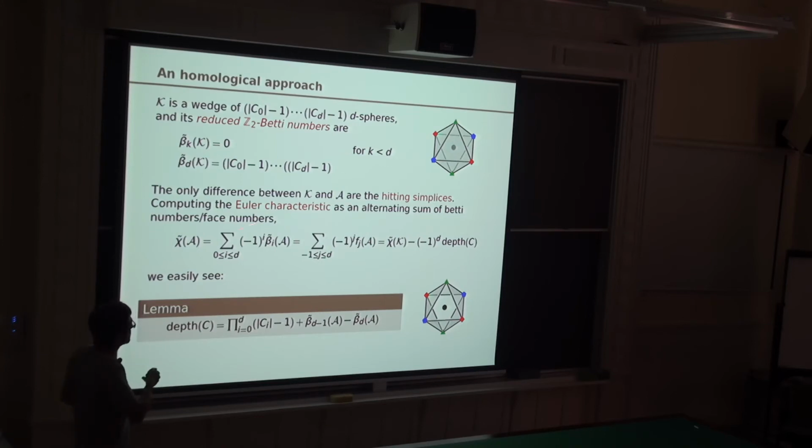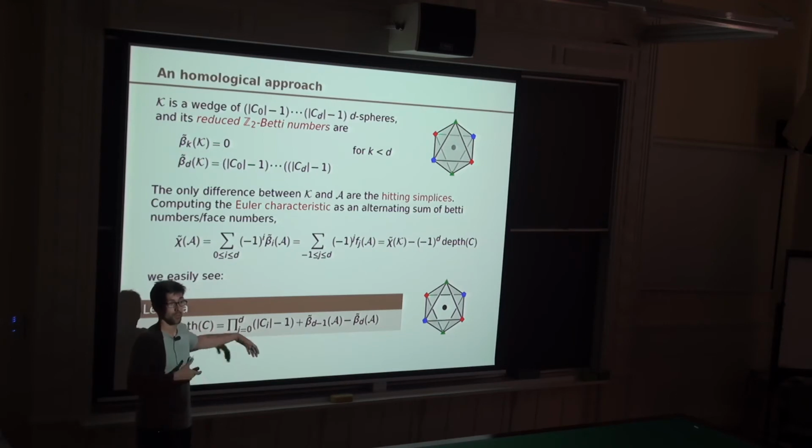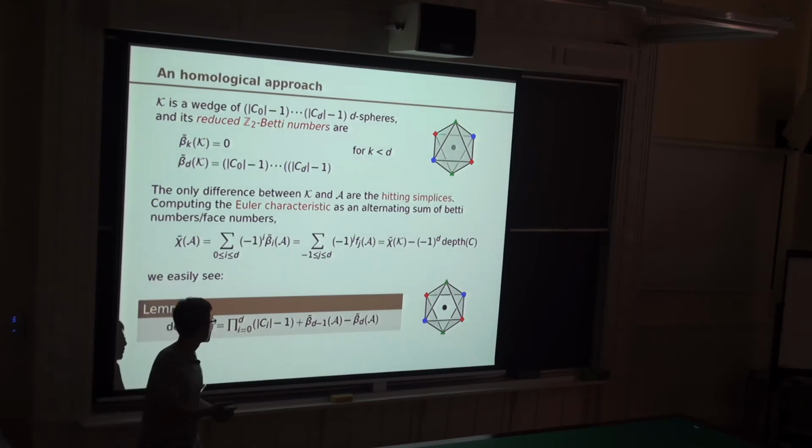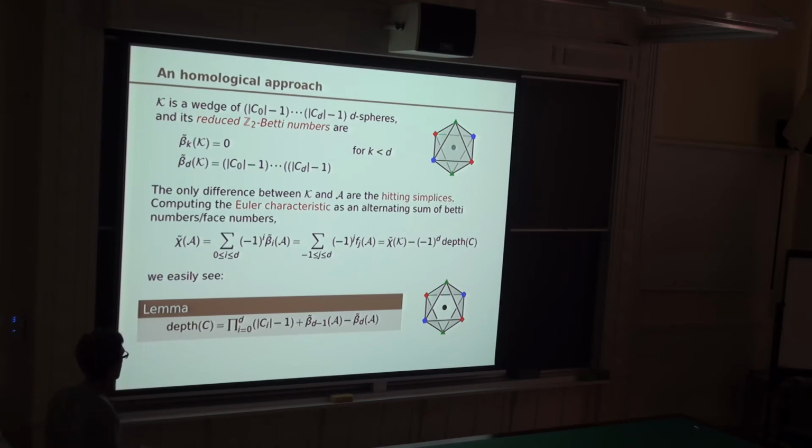And now you just reorganize this equation here, and you get that actually the depth of our configuration is always exactly this product of c_i minus 1 plus the Betti number d minus 1 minus the Betti number d. This looks very similar to what we wanted.